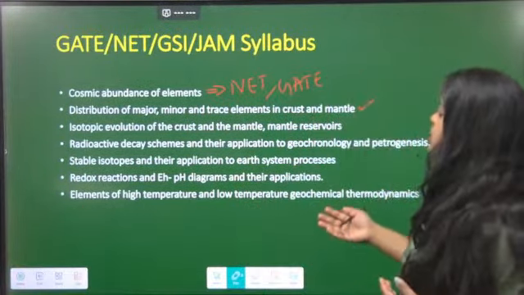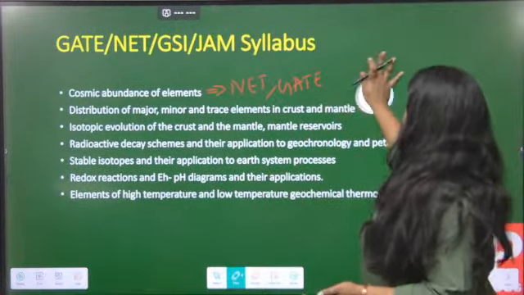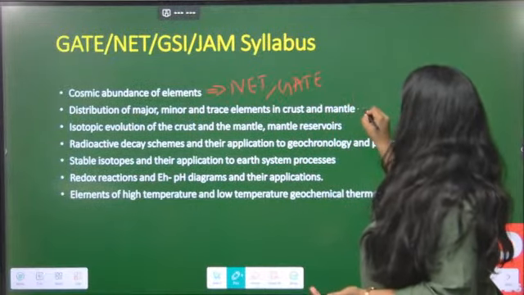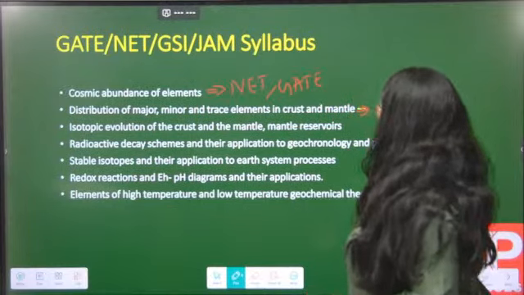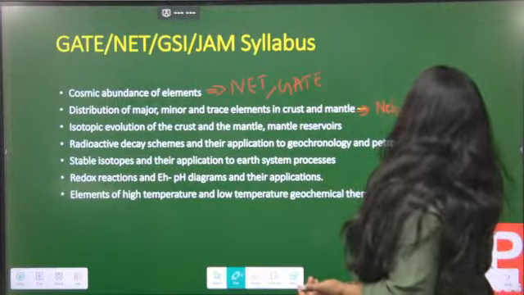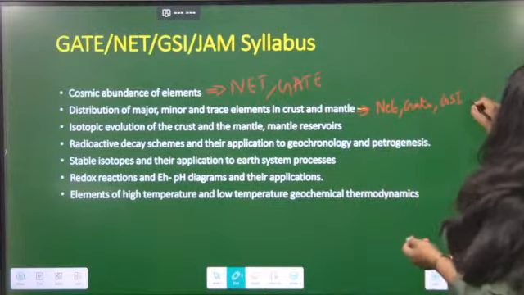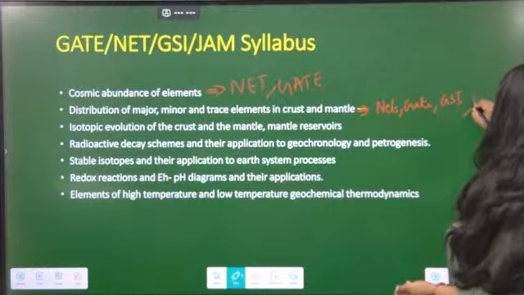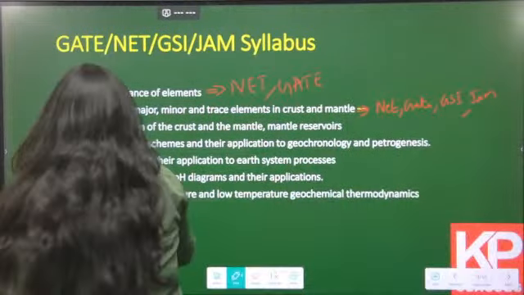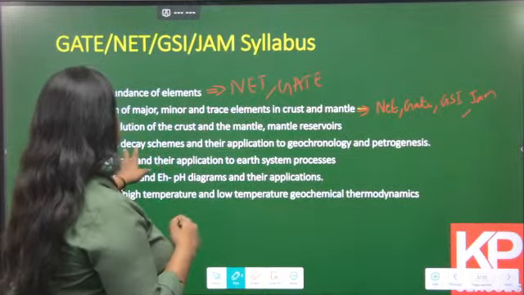So this entire chapter is important for all the competitive exams: NET examination, GATE, Geological Survey of India combined Geoscientist paper, and also it's important in the JAM examination.